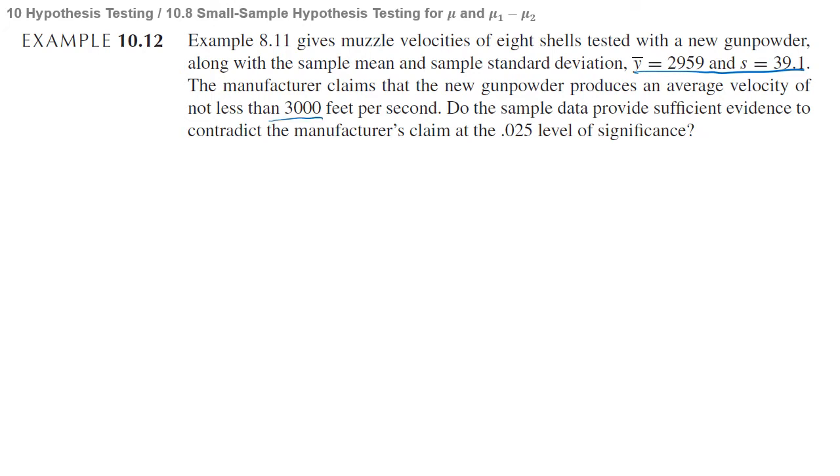Do the sample data provide sufficient evidence to contradict the manufacturer's claim at the 0.025 level of significance? Step 1 is to set up the hypothesis, and we want to find evidence to contradict the manufacturer's claim.